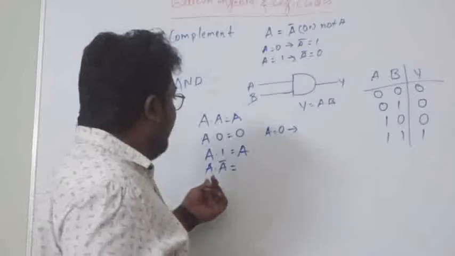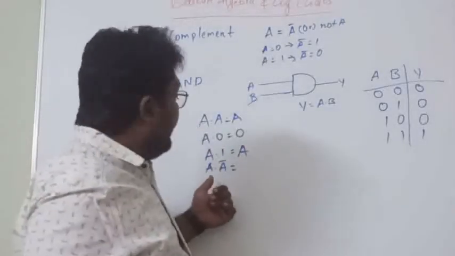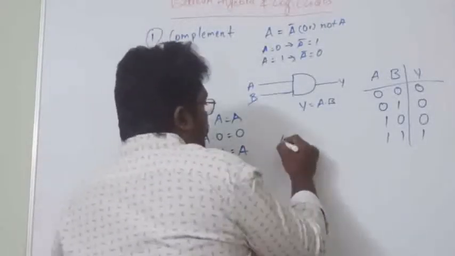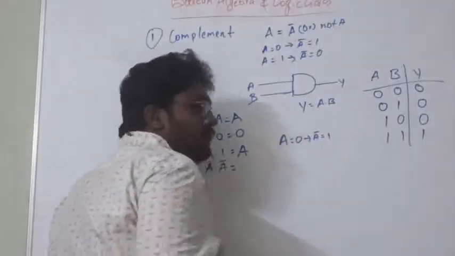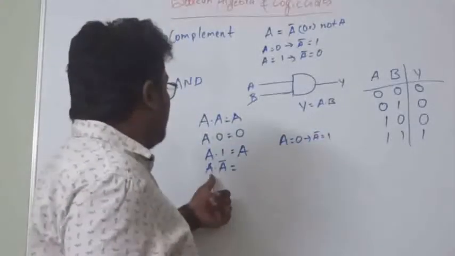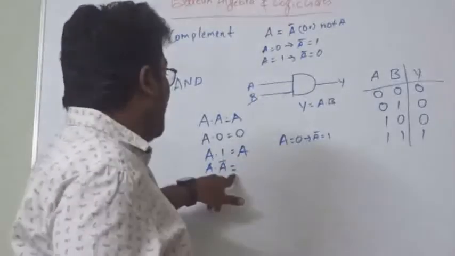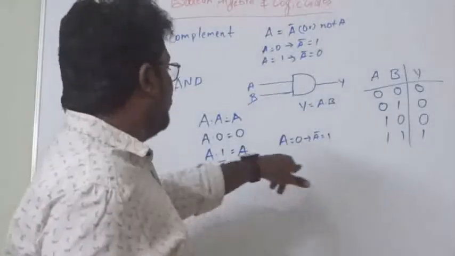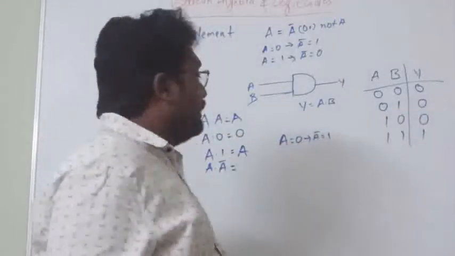Next, we take A and A bar. If we take A equals 0, then A bar will be 1. So for example, take A as 0, then we have 0 and 1 as the inputs. For 0 and 1, the output is 0.